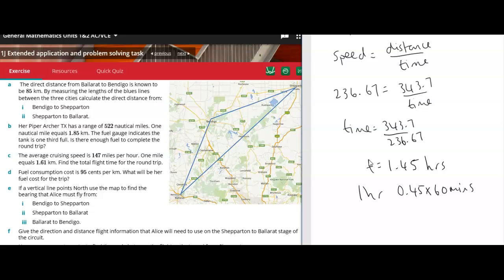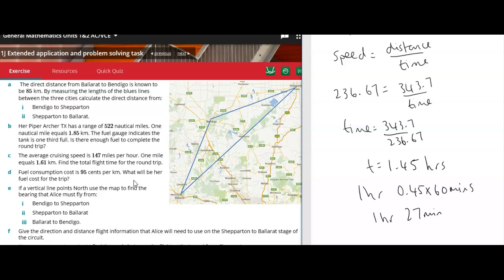So it's 27 minutes. Very rarely you'll have to do that conversion, but you do need to know how to do it.